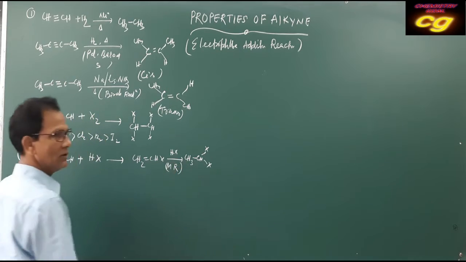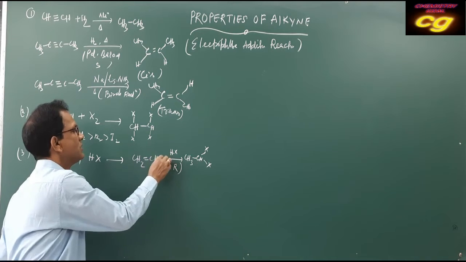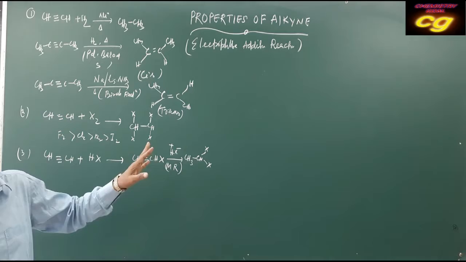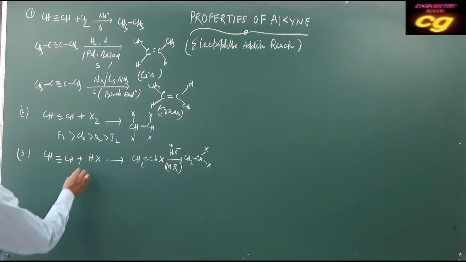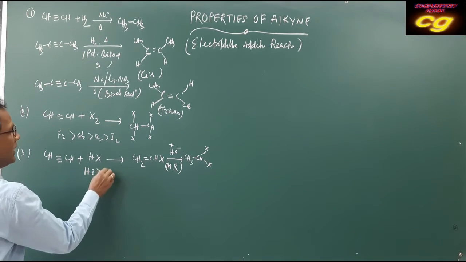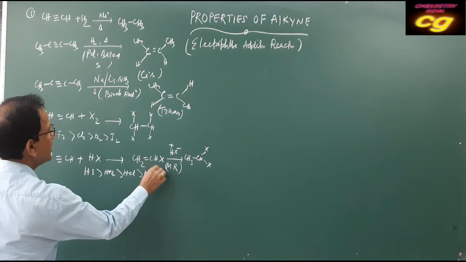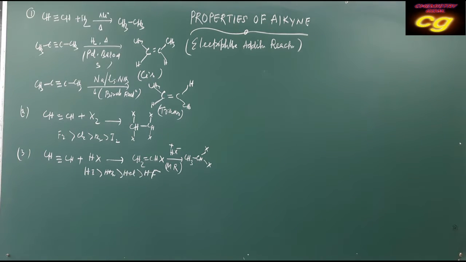Already we have read that when the alkene is unsymmetrical, the negative part attaches to the carbon having fewer hydrogens. That's why it follows the Markovnikov rule. Here the reactivity is HI greater than HBr greater than HCl greater than HF, because the bond dissociation enthalpy in the case of HI is low, that's why it is more reactive. So this is addition with hydrogen, with halogen, then with halogen acid.